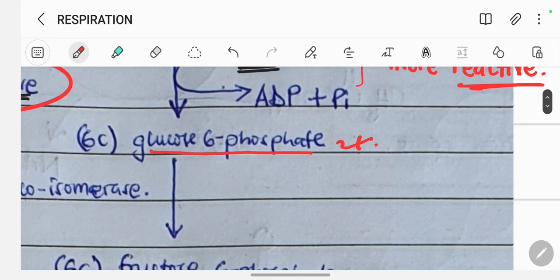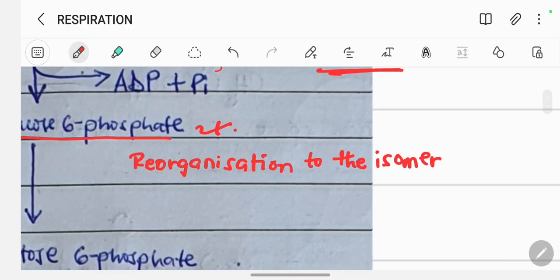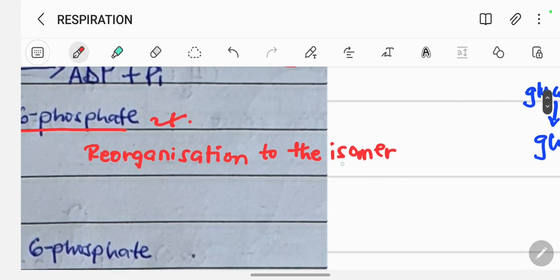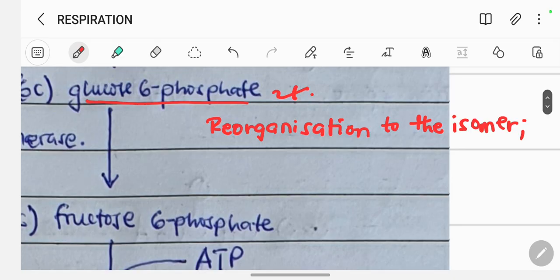So I'm saying here reorganization to the isomer, which is fructose phosphate, which is fructose 6-phosphate.